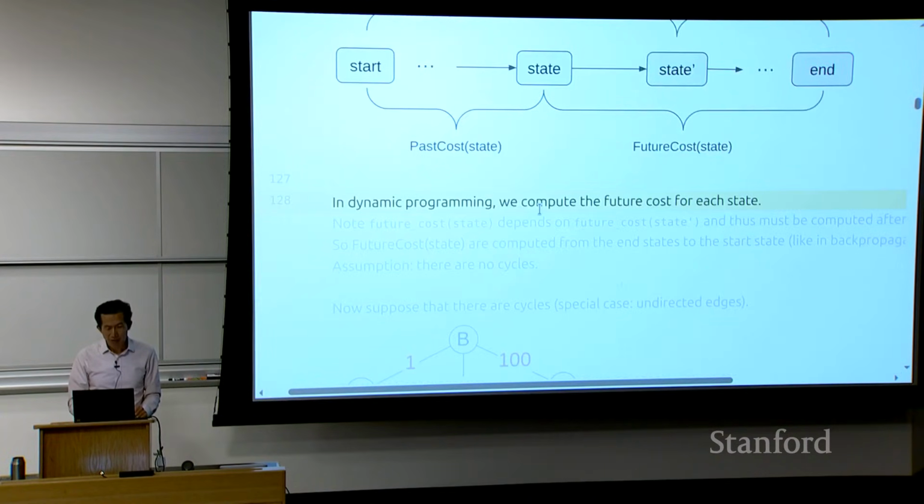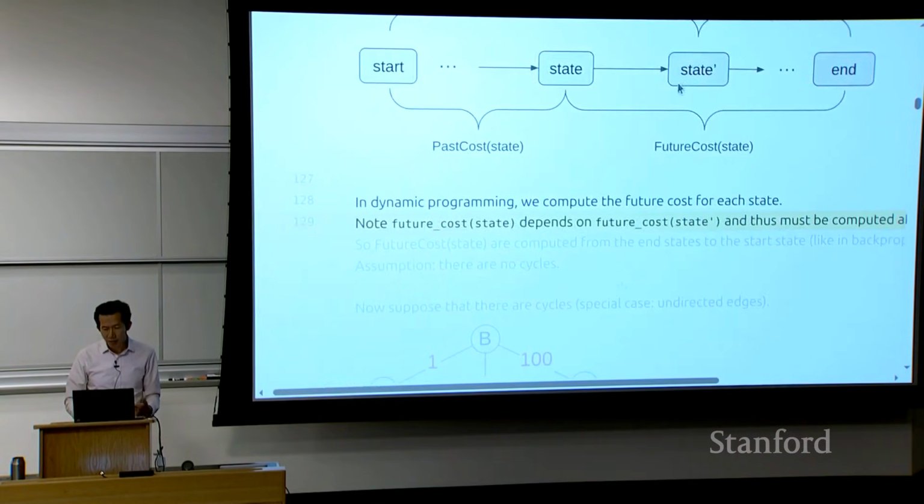All right. So in dynamic programming, we computed the future cost for each state using a recurrence. And what you notice is that the future cost of a particular state depends on the future cost of its successors, which means that you need to first compute the future cost of all the successors before you can compute the future cost of a state.